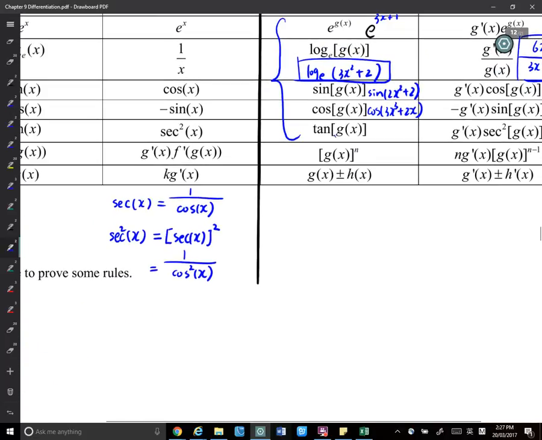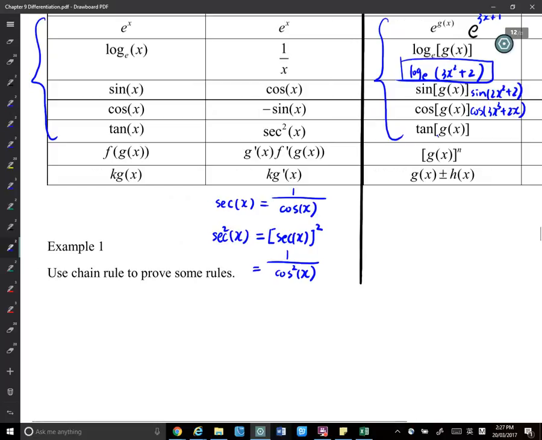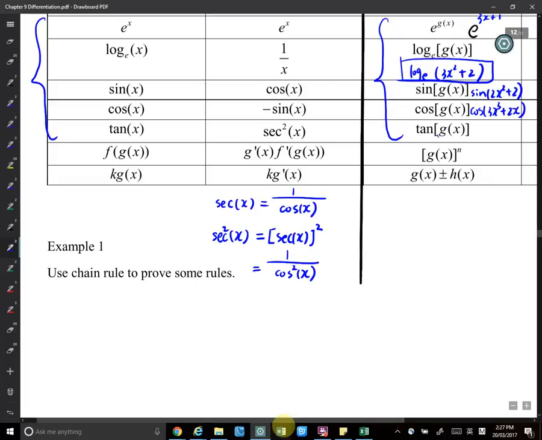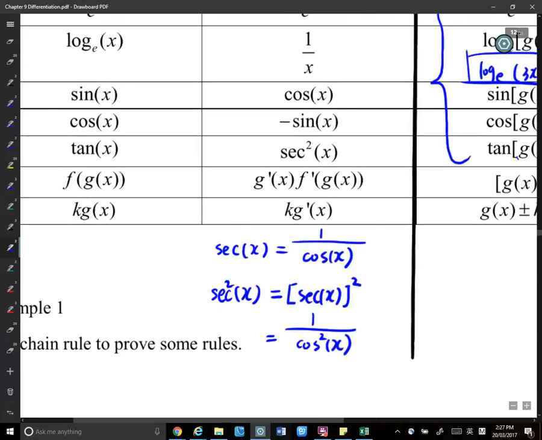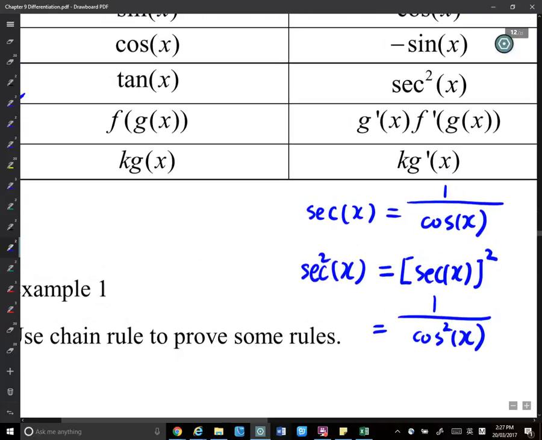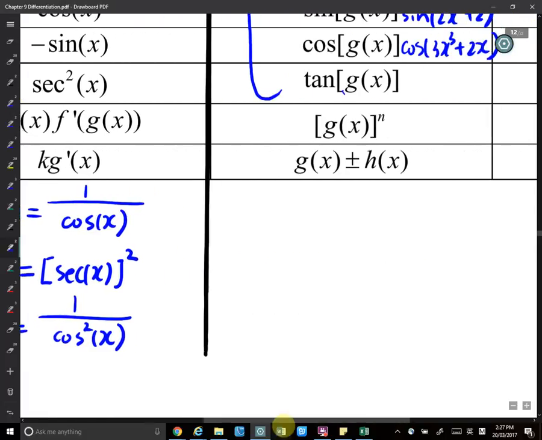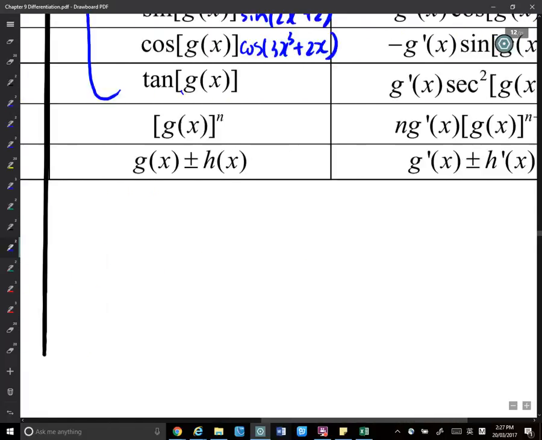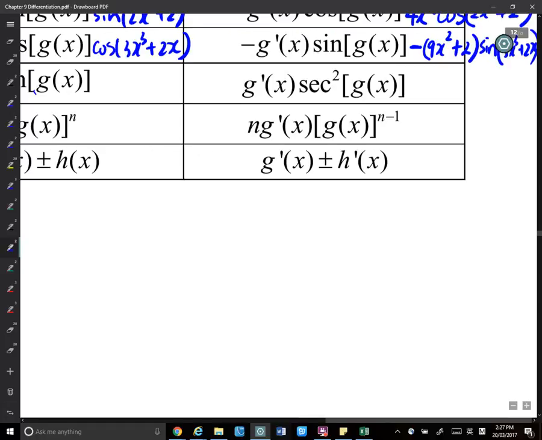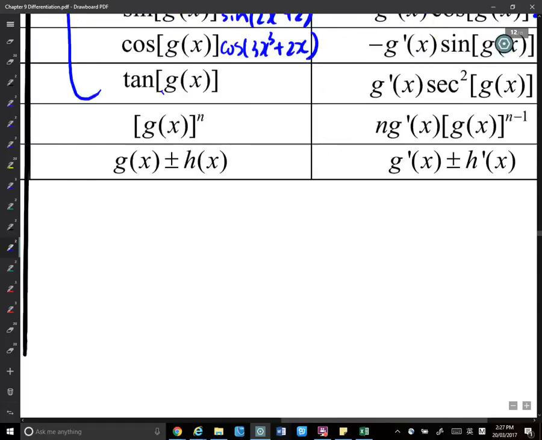So that's the 5 rules, and again I put this here. The composite function, where you use chain rule, will give you g dash x times f dash g(x). If you have g(x) to the power of n, you have n times g dash x, g(x) to the power of n minus 1.